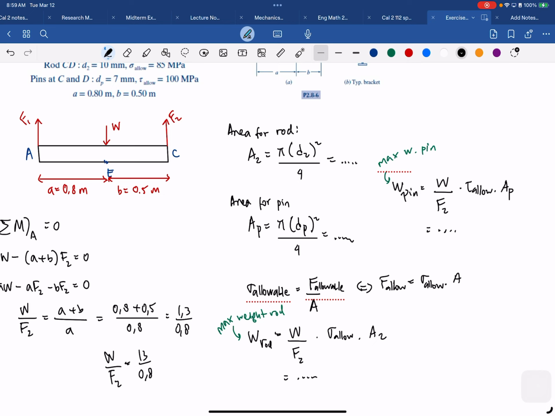Based on the calculations, later we can see that the weight for the rod is less than the weight for the pin. So we are going to use this as the maximum allowable weight.